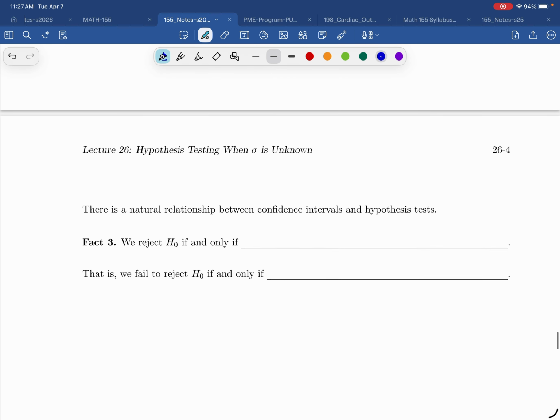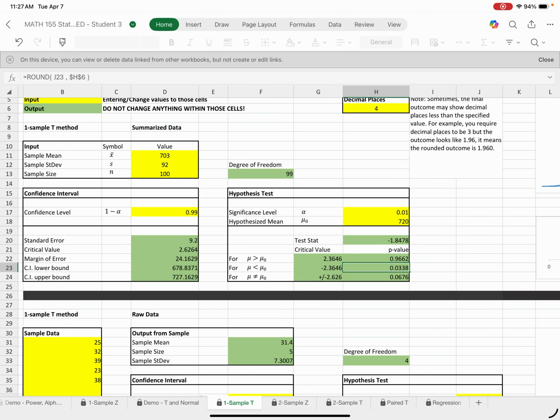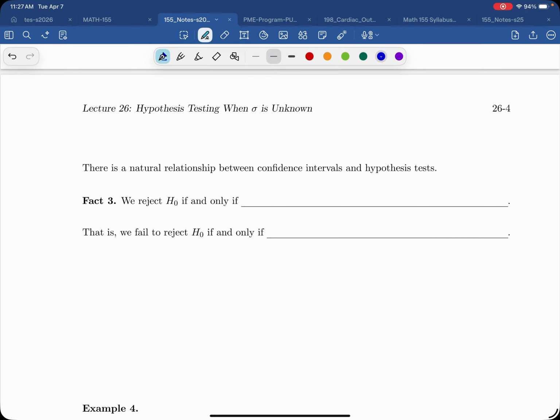Now, I've said before that when we do hypothesis testing, we're doing the same thing as taking a confidence interval, just kind of saying things a little differently. And you might notice that when we do our stuff in Excel, we're using the same pages that we used for confidence intervals, right? Here's the connection.